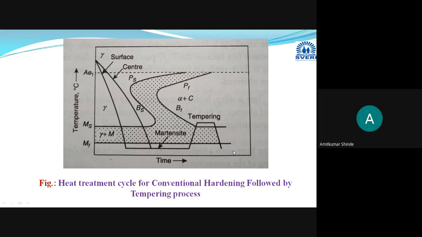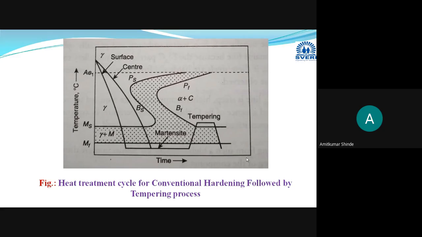The product will be martensite only, tempered martensite. Tempered martensite has more hardness than pearlite and bainite. In this way you get improved hardness, that is, hardening of the steel is done, and you get better cutting ability and better wear resistance of the steel material. This is the conventional hardening.